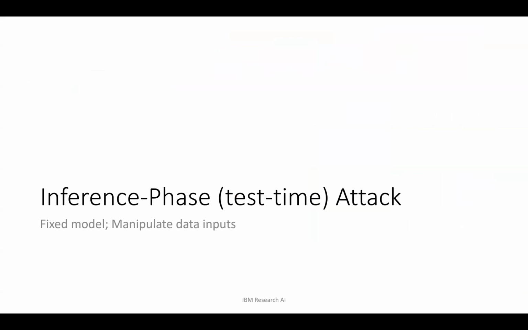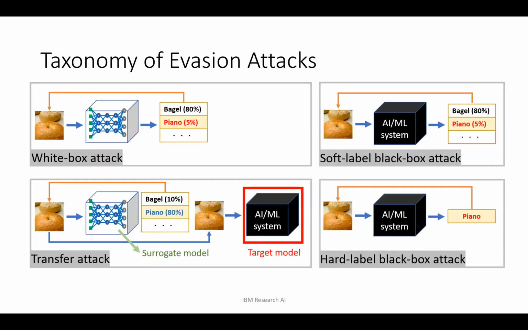So let's do a deep dive into different types of attacks. The first one is the inference deployment phase attack. In this case, we assume the model is fully trained and fixed, and the goal is to manipulate the data inputs to find adversarial examples. There are also different scenarios of finding adversarial examples to create an evasion attack. White box attack means everything is transparent to the attacker.